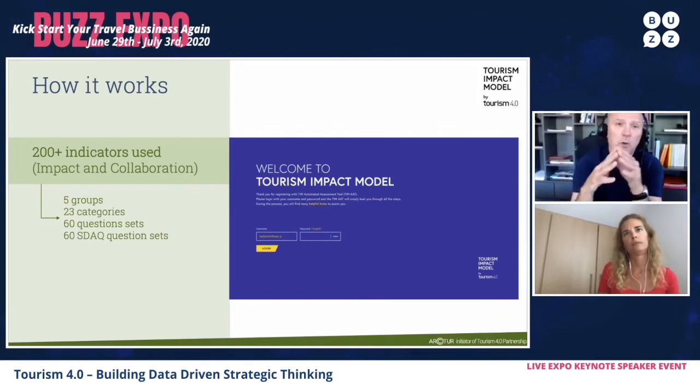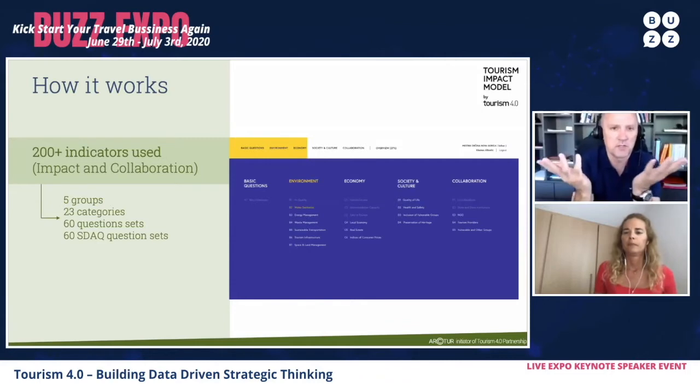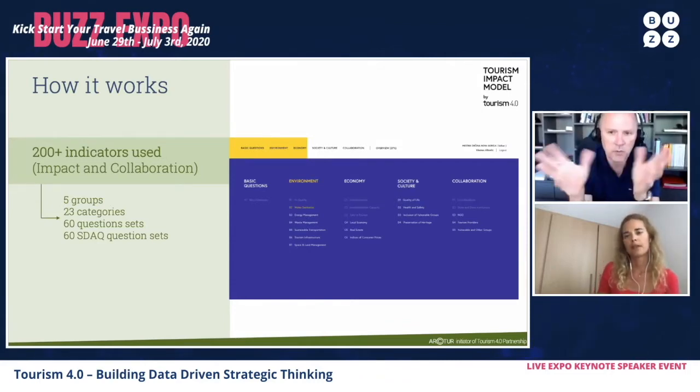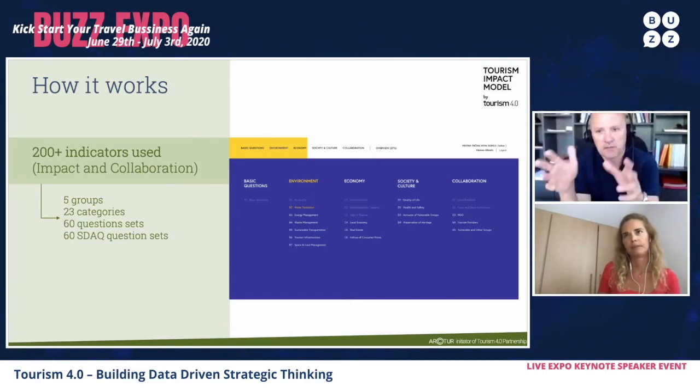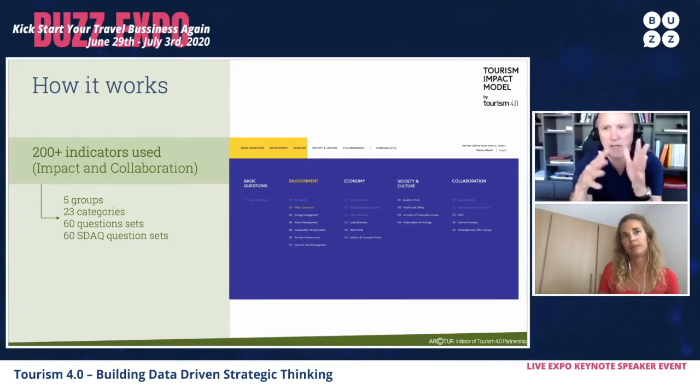So we want to have the whole spectrum of the data sets, and you could see now in a blue frame that we have 5 big groups of question sets. We have 23 categories and 60 question sets, most of which have multiple questions. So it's a really complex questionnaire.